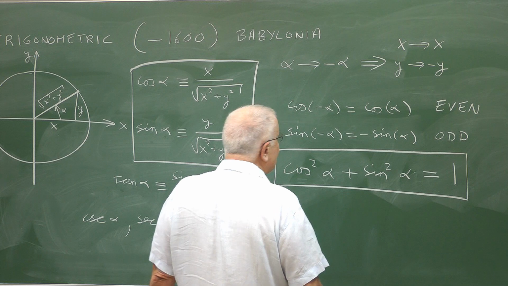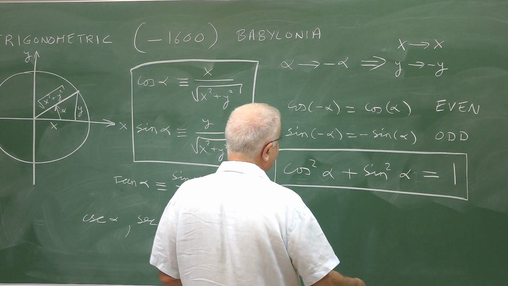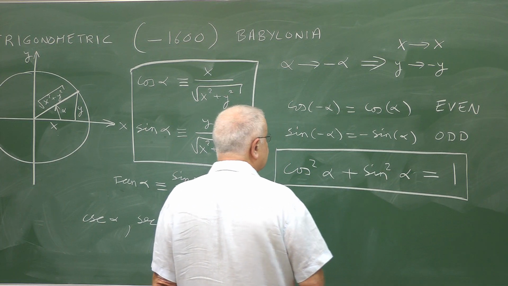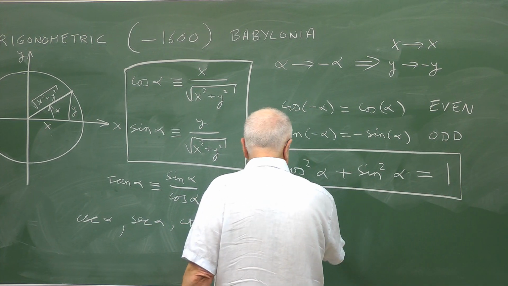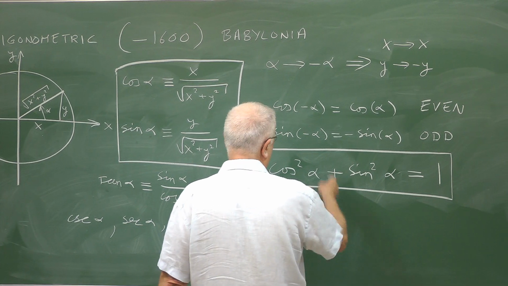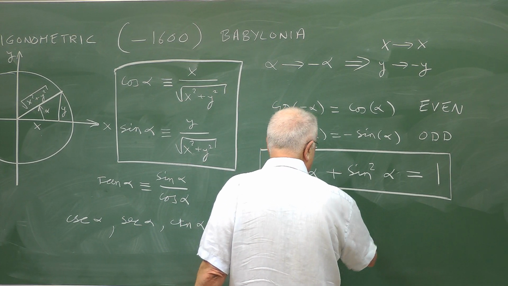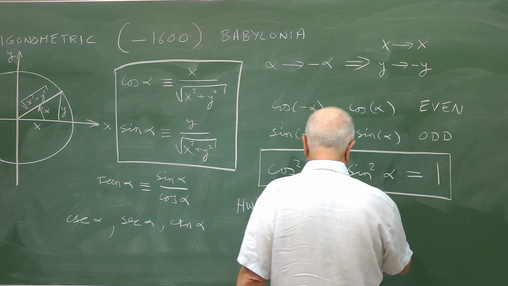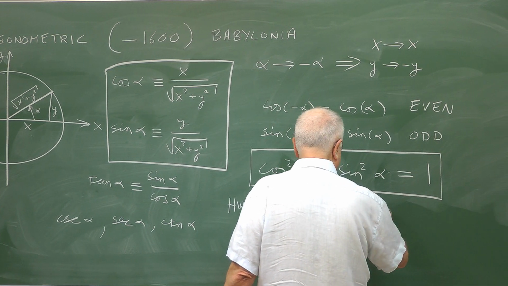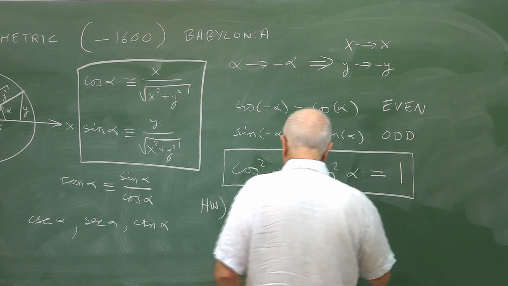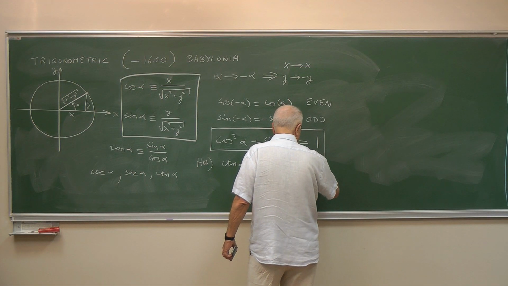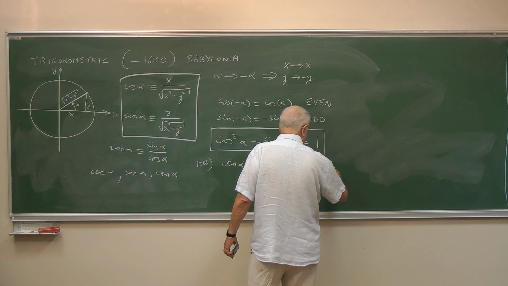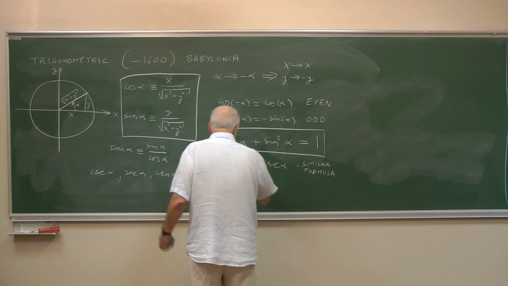Now, dividing this by, let's say, sine square, you'll get here cotangent squared and nothing from here, and cosecant alpha. There'll be a similar relation. Similar formula. What is this simple formula?